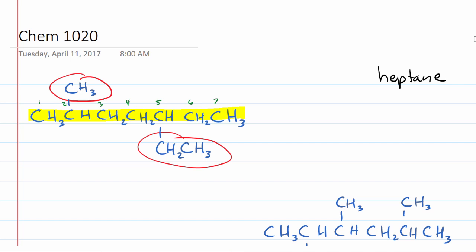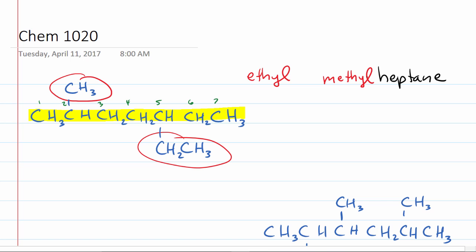So again, this one is called methyl. This one is ethyl. So which one comes first alphabetically? Ethyl does. So we're going to put its name first. Ethyl comes before methyl.